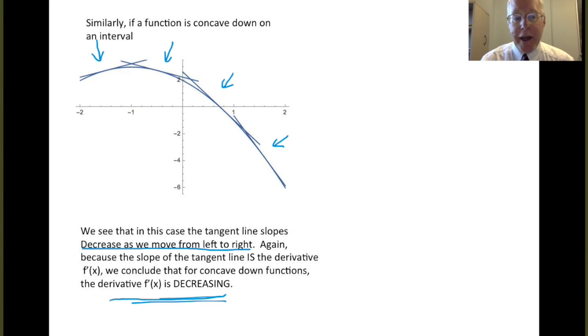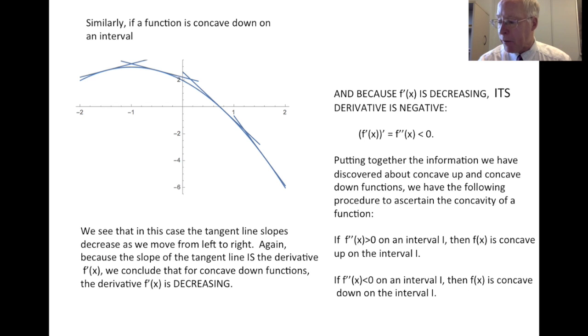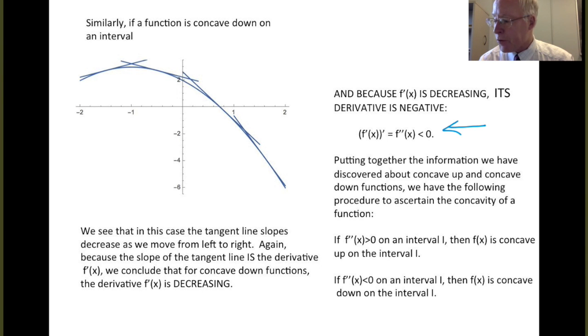And in fact, f prime decreasing is how your book defines concave down, although we took a different approach, just looking at the pictures and seeing how it bends. But as we said before, in this case f prime is decreasing, so its derivative, which is f double prime, must be negative. So there's the analogous result for the second derivative: it must be negative, and that goes along with concave down.